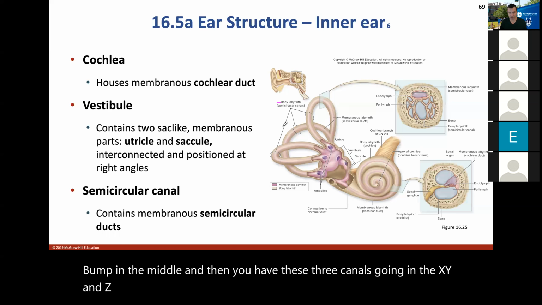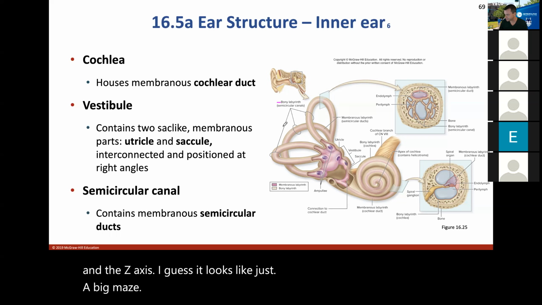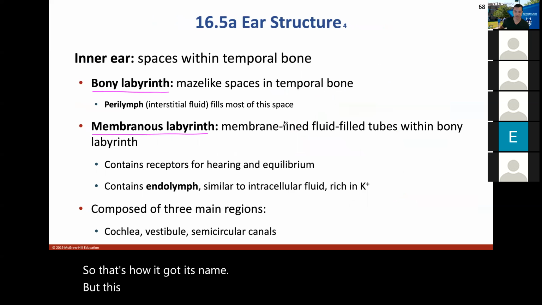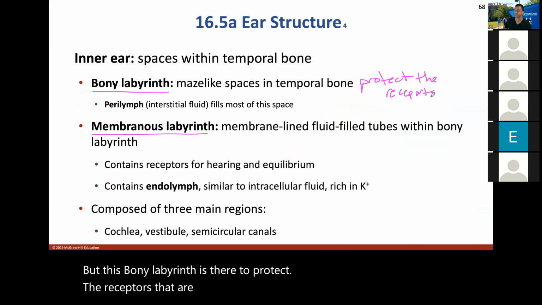It looks like just a big maze, so that's how it got its name. But this bony labyrinth is there to protect the receptors that are deep within.